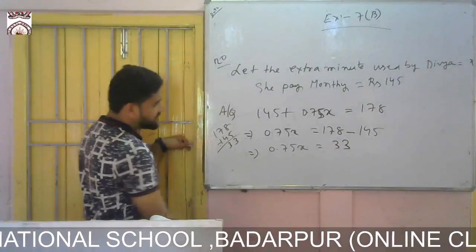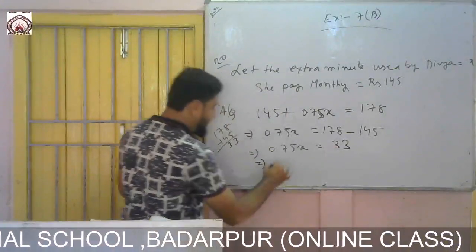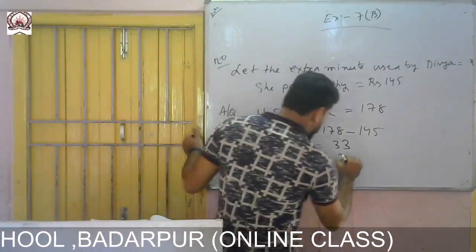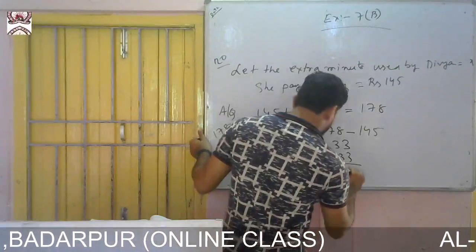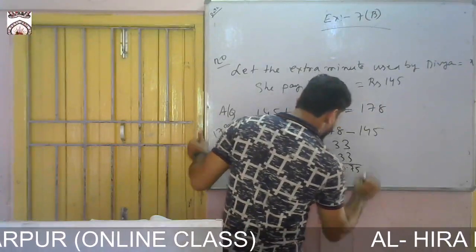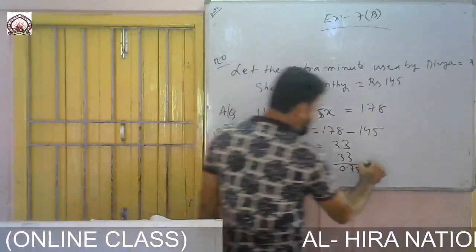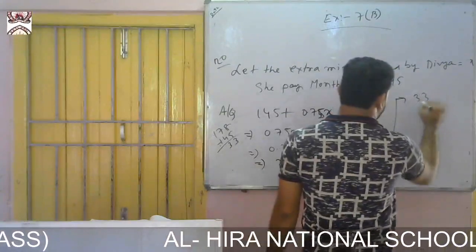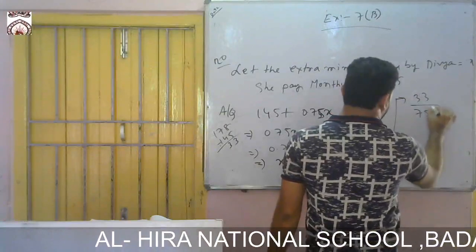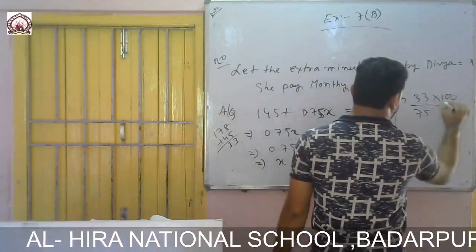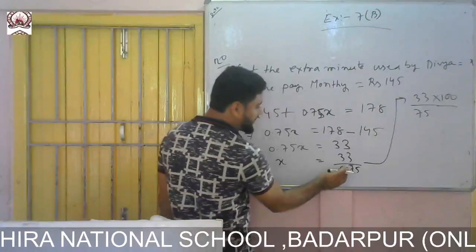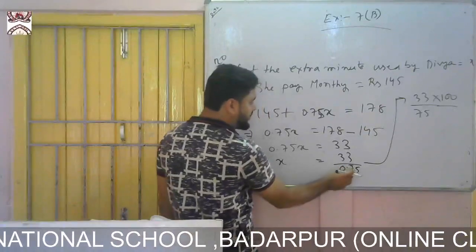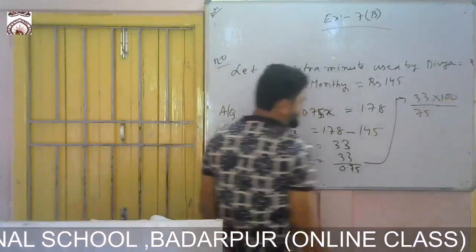Now x equals 33 by 0.75. So how to do this? 33 by 75 into 100, because I have removed the point of 2 digits, so I put 2 zeros.